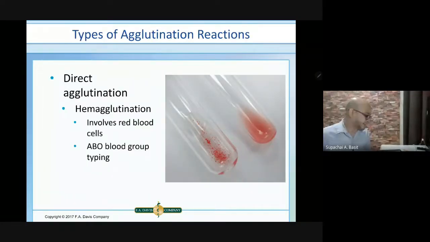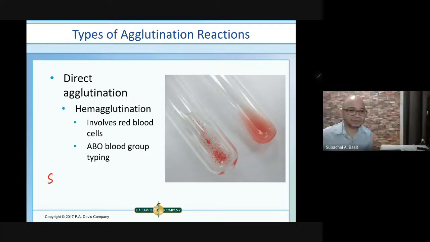So another example of direct agglutination test is the hemagglutination. So this time, it involves RBC as the antigen itself. The most common example of hemagglutination is when you perform blood typing. Why?